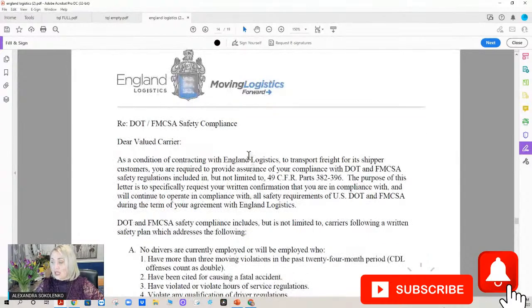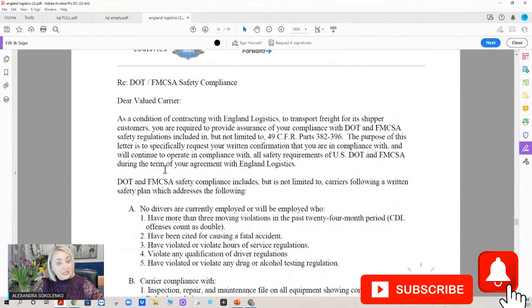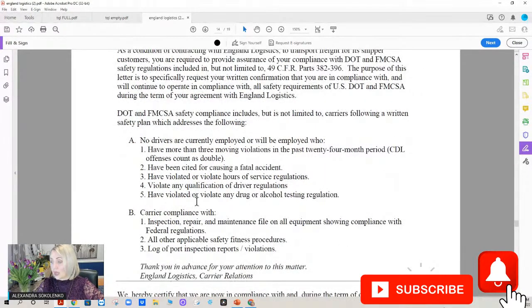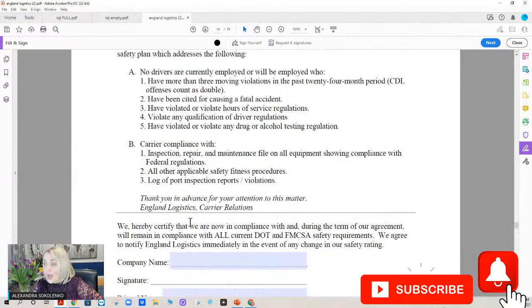To safety and compliance. They are asking you that you need to follow all these rules if you want to continue working with them. Look at this. They cannot have violations, they cannot have fatal accidents, they do not violate EODs, right? So all of this, you have to agree that you guys are following.